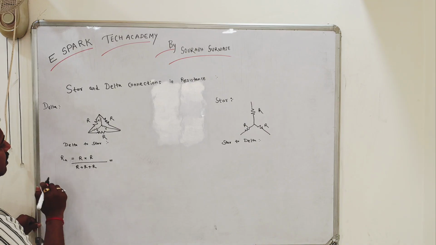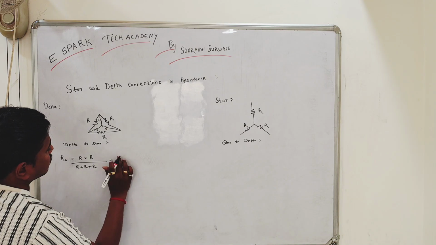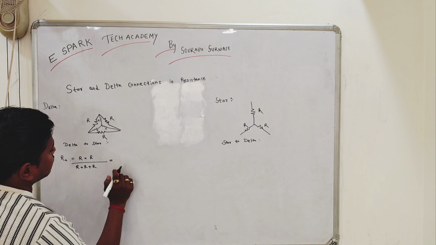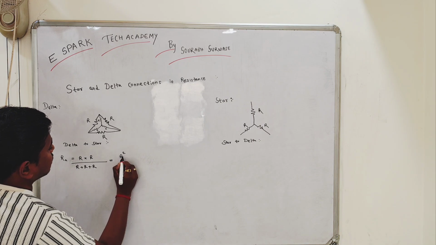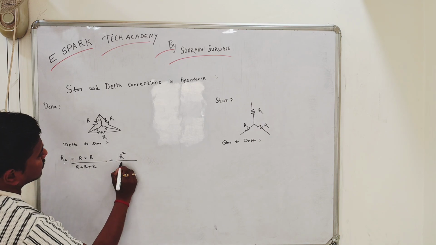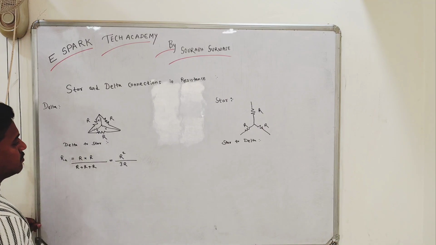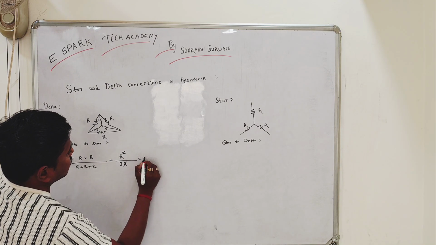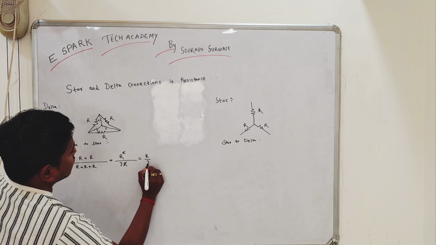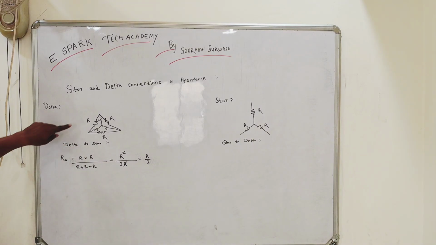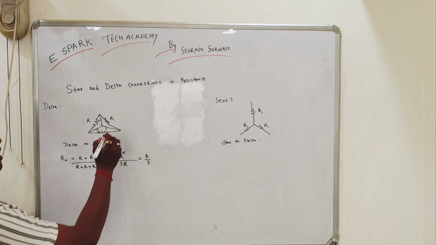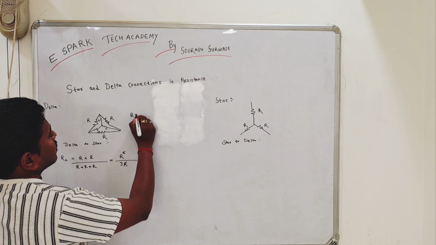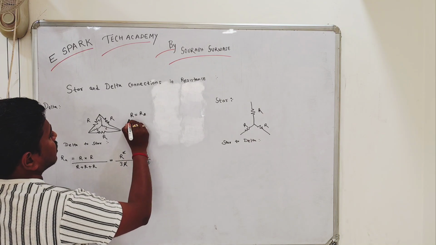Now this RA will be R square divided by 3R. In this case you will get R by 3 after cancelling. This R is nothing but the R delta, R is equal to R delta.